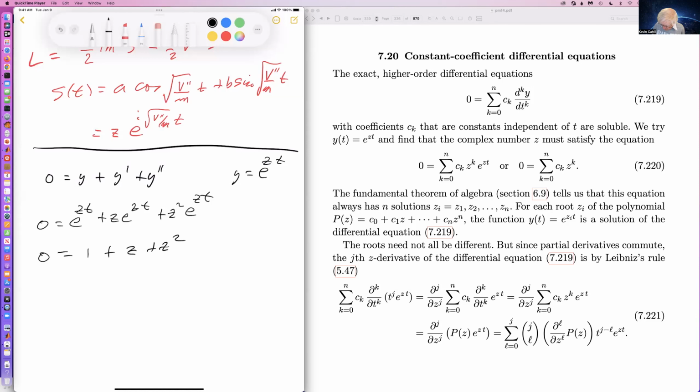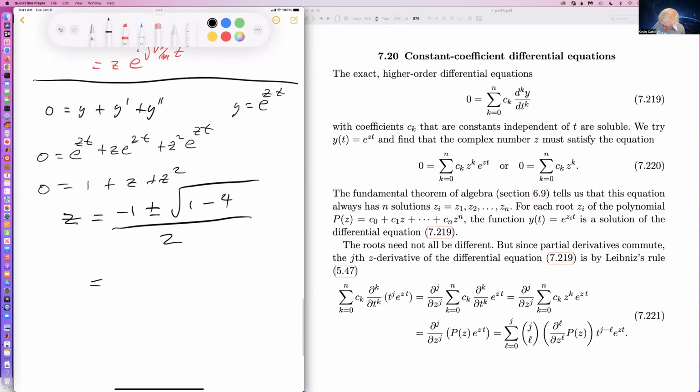Well, this is a quadratic equation. The roots are z equal to -1 plus or minus the square root of 1 minus 4, over 2. So z is -1 plus or minus i times square root of 3, isn't it?